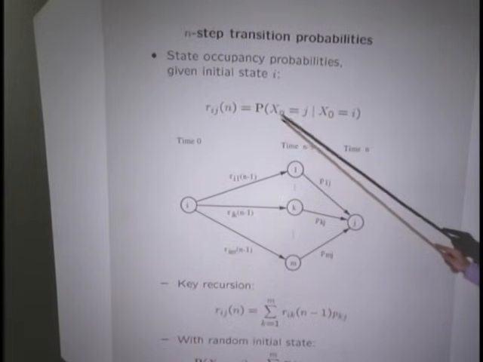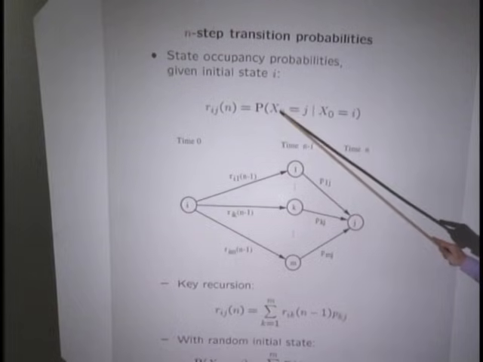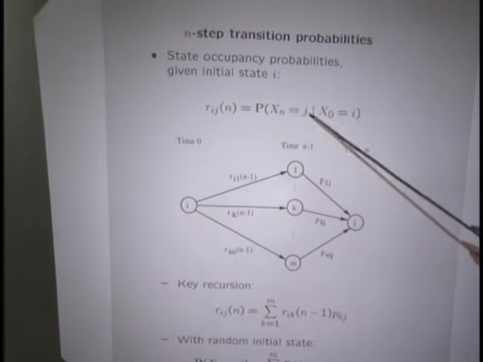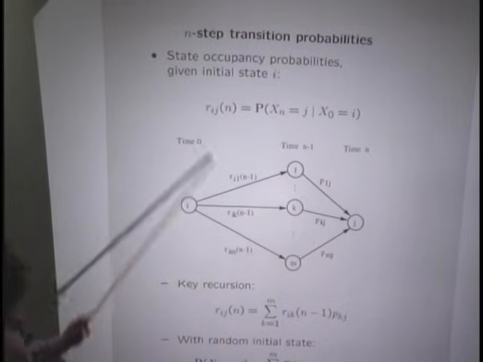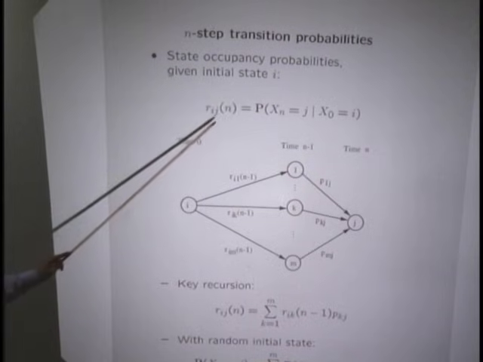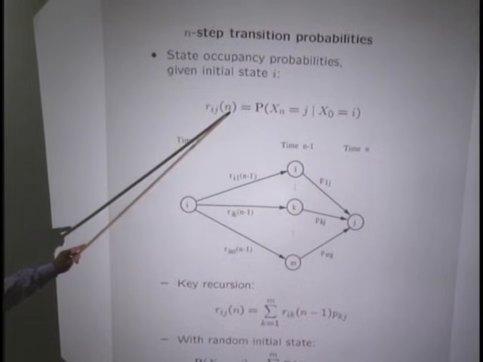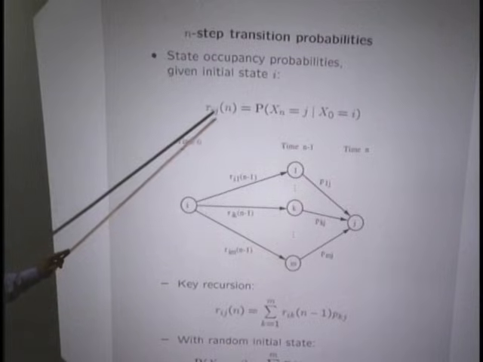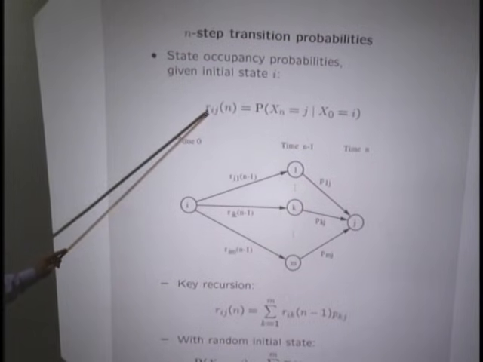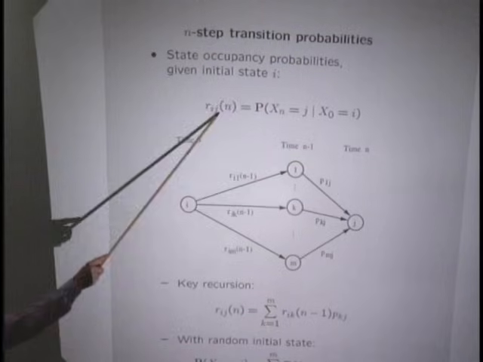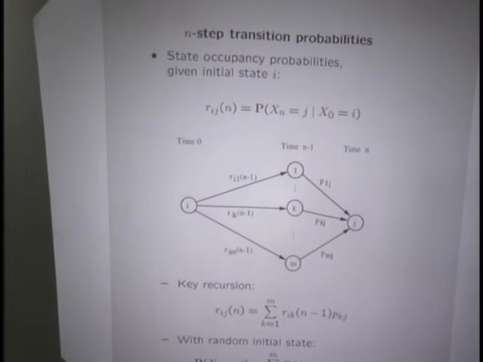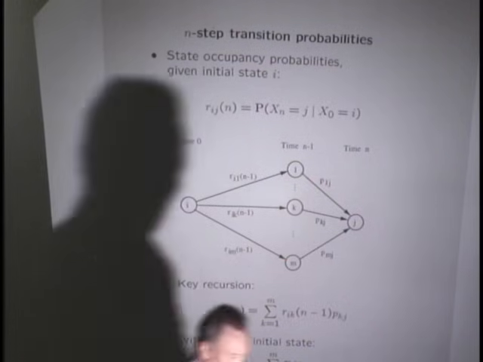Tell me with what probability the state n time steps later is going to be that particular state j. The shorthand notation is to use this symbol here for the n-step transition probabilities that you find yourself at state j, given that you started at state i. So the way these two indices are ordered, the way to think about them is that from i you go to j. So probability that from i you go to j if you have n steps in front of you.